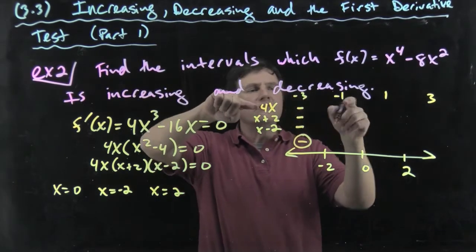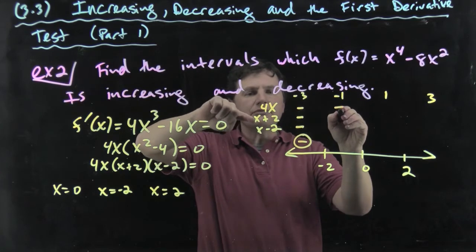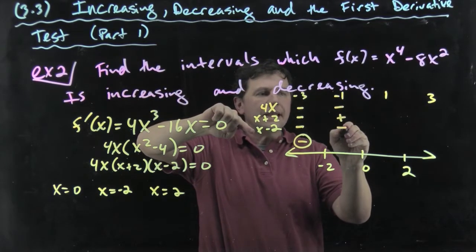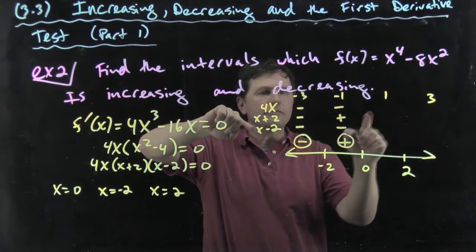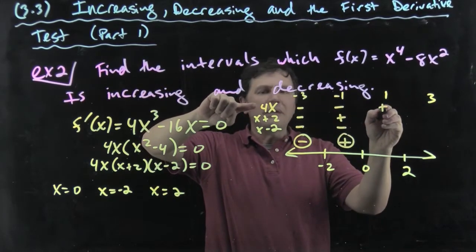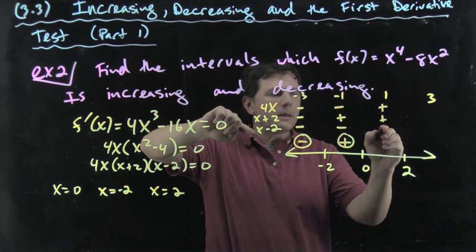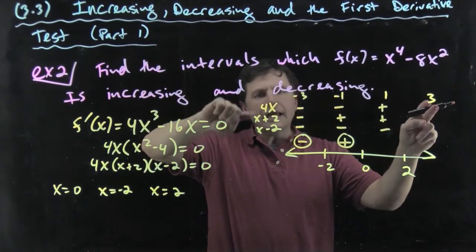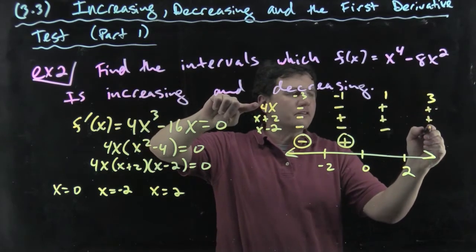Okay, now negative 1, that's going to be a negative, that is going to be a positive, and then that is going to be a negative. So this is going to be a positive. 1: positive, positive, negative. And 3, that's going to be positive, positive, positive.